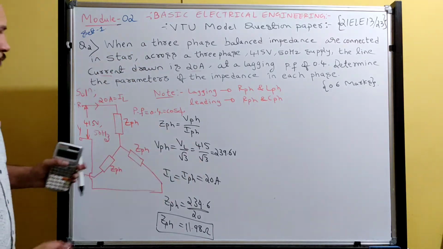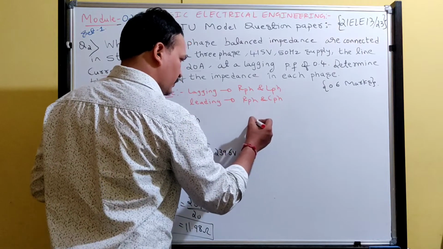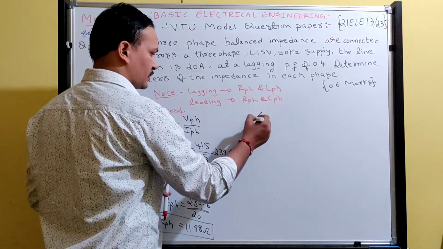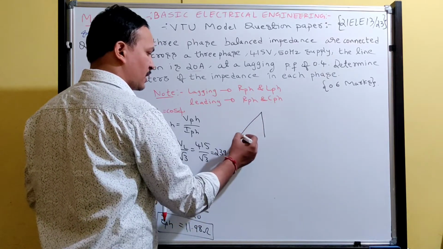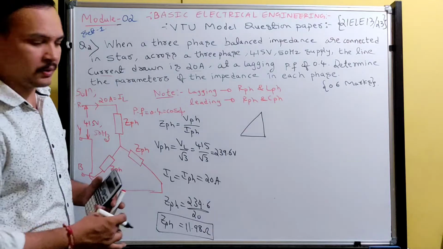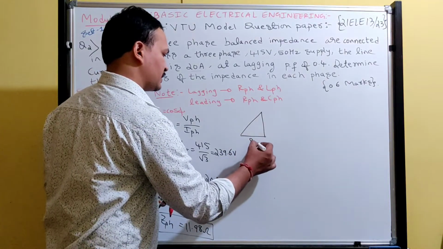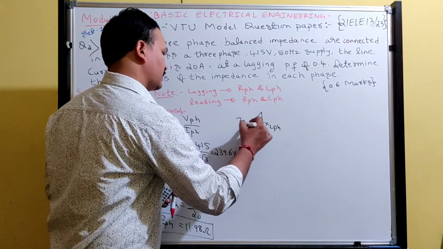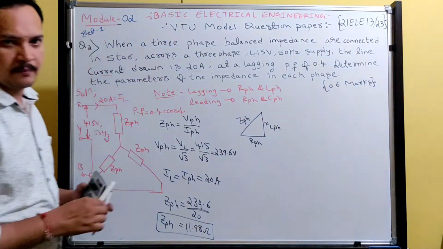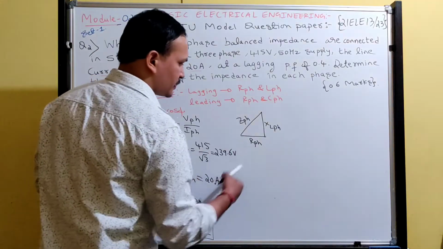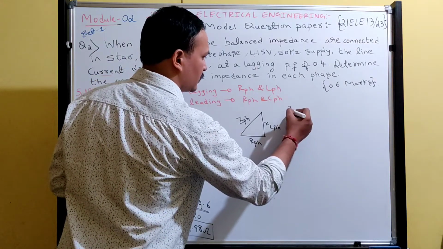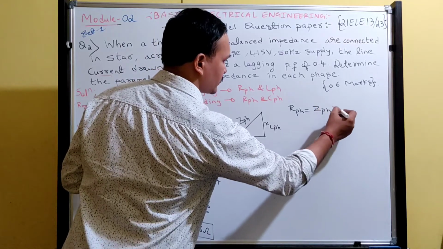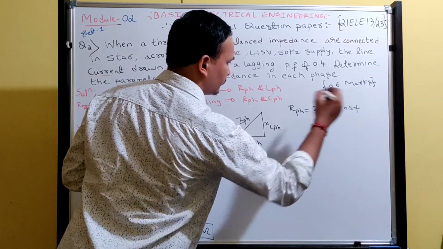Now you must remember, since we need to find resistance and inductance, you draw the impedance triangle of a series RL circuit. This is the resistance per phase, this is the inductive reactance per phase, and this is the impedance per phase. Now from this we can write the resistance per phase as impedance per phase into cos φ.